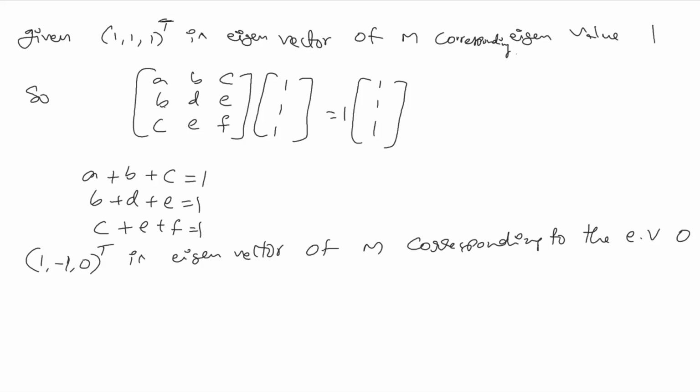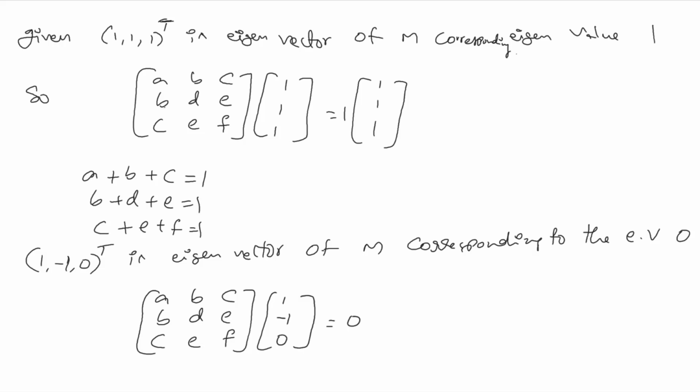So we have the equation A, B, C, B, D, E, C, E, F times (1, -1, 0) is equal to 0 times (1, -1, 0).